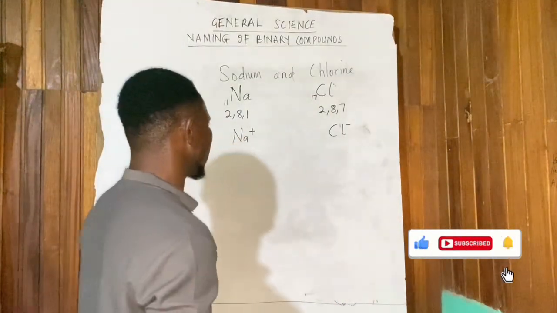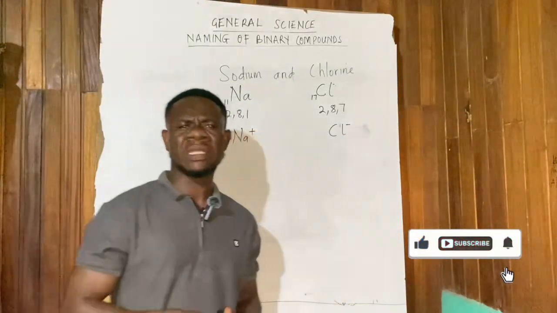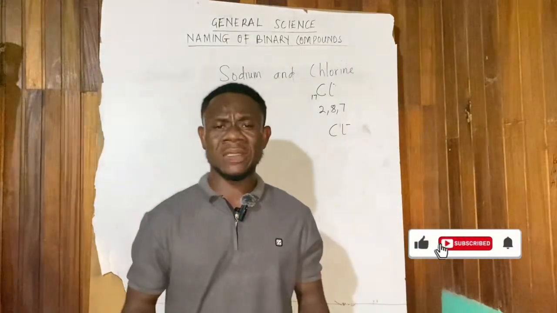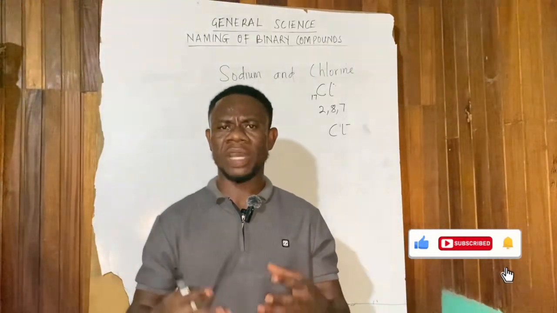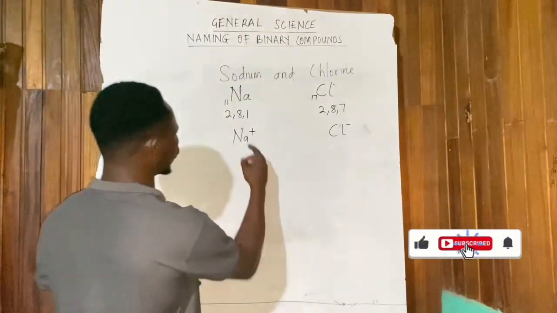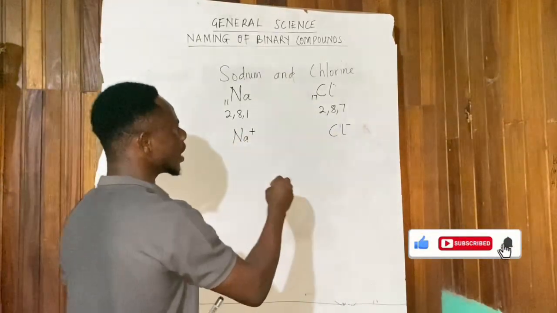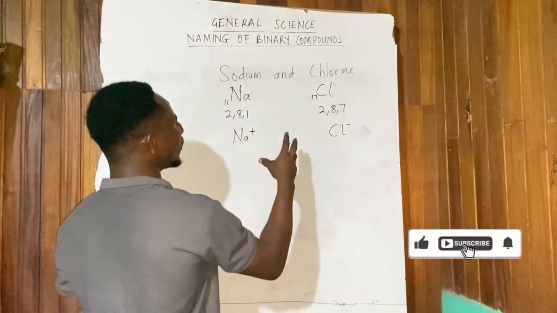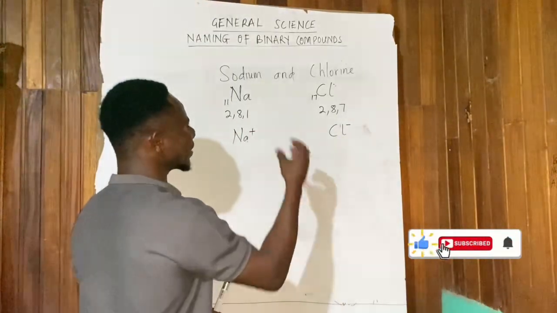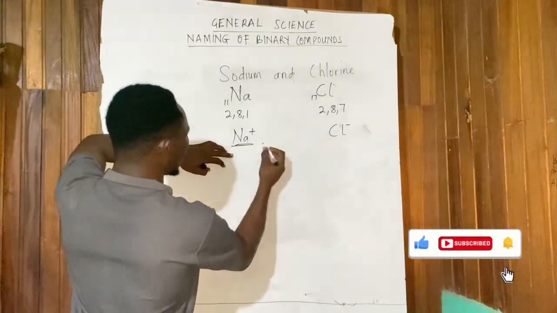The next step is we what? We know the valency of sodium and chlorine. Valency is the combining power of an element. It refers to the number of electrons an atom loses or gains in a compound to combine with other elements.